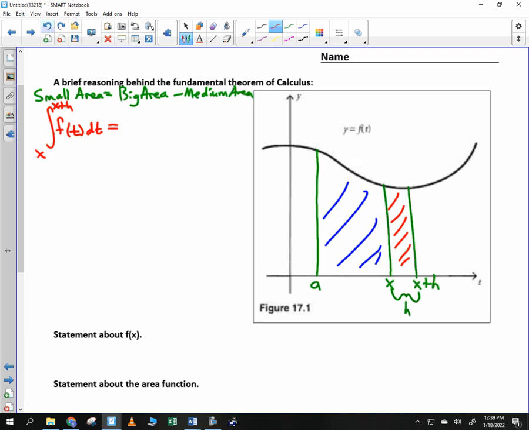And that's going to be equal to the big area, so I bound it from what to what? a to x plus h of f of t dt. And I subtract, the medium area would be the integral from a to x of f of t dt. How are your integral symbols going?